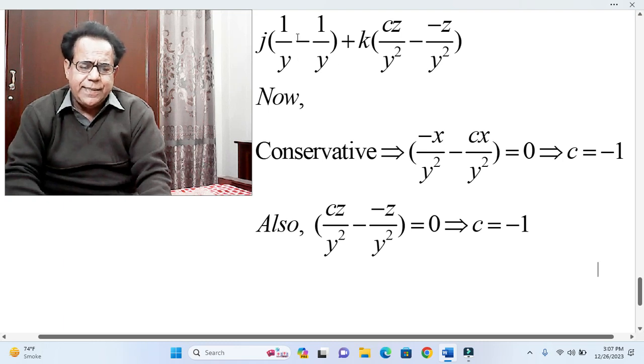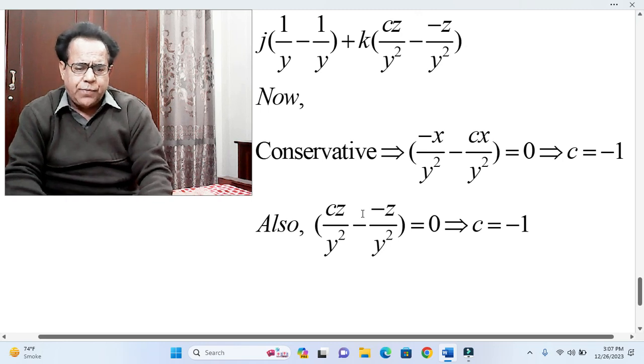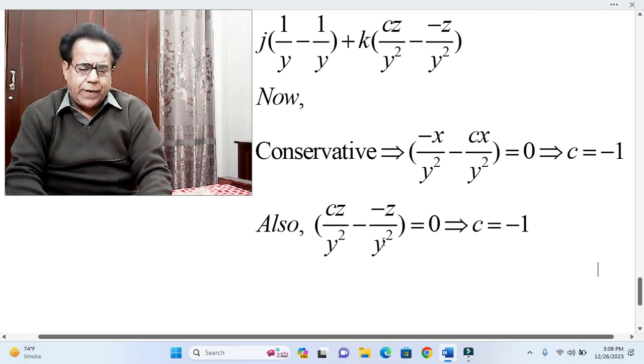This part is already 0 because both terms are equal and being subtracted, so we do not take it into consideration. We take into consideration this: cz over y square minus z over y square equal to 0. This implies that c equals 1. How, dear students? When cz over y square is equal to minus z over y square, or here we can write cz plus z over y square.